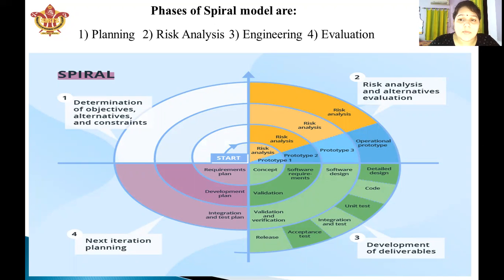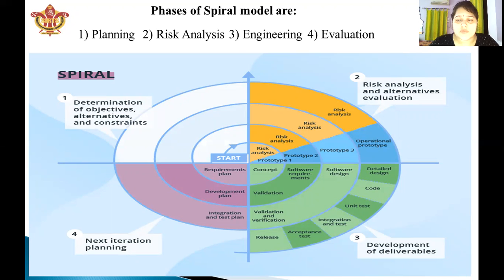Now we come to the second one, that is risk analysis. This phase identifies the risks and provides estimated solutions to the risks found. So when we come to the second step, we calculate our risk, what the risk is and how we are going to evaluate it.